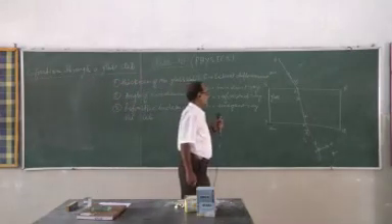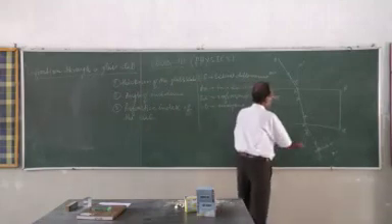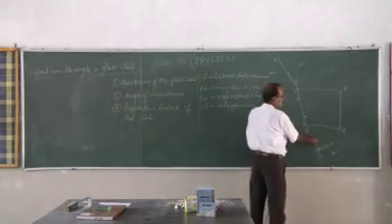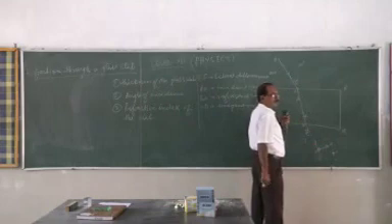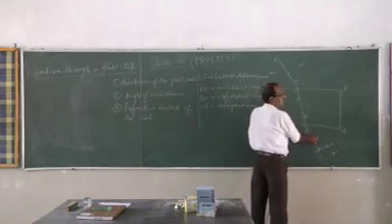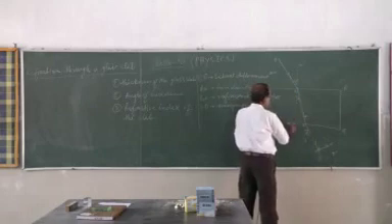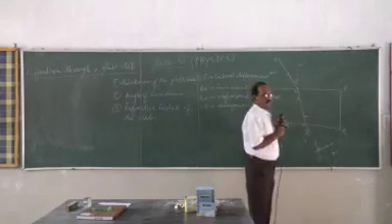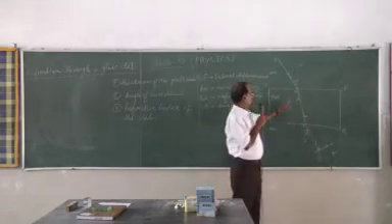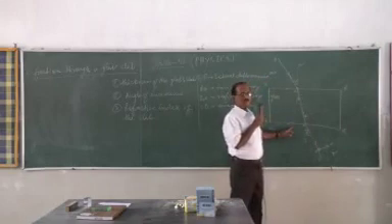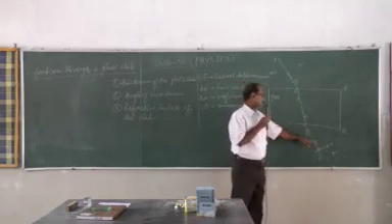Now here keep in mind that the emergent ray and the direction of incident ray will be parallel when the refracting surfaces are parallel. Two refracting surfaces, so these two are parallel, then it will be.